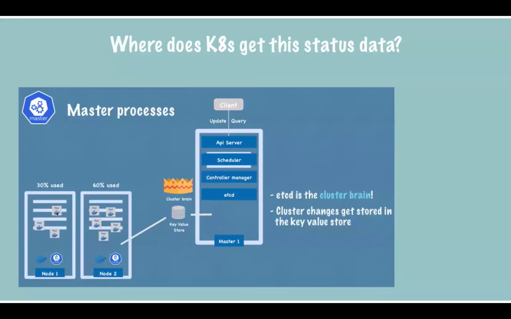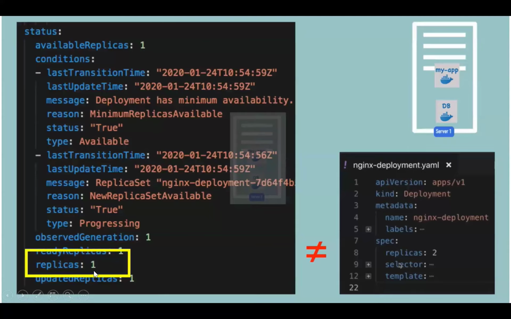Now, where does Kubernetes get this information? The replica count is from what we mentioned here. The desired is two, and it gets one from the previous deployment, which by default has one replica.